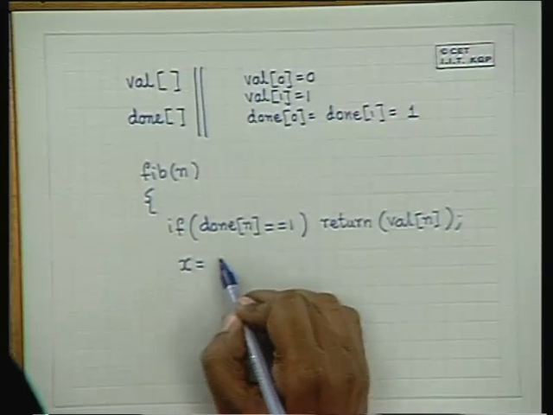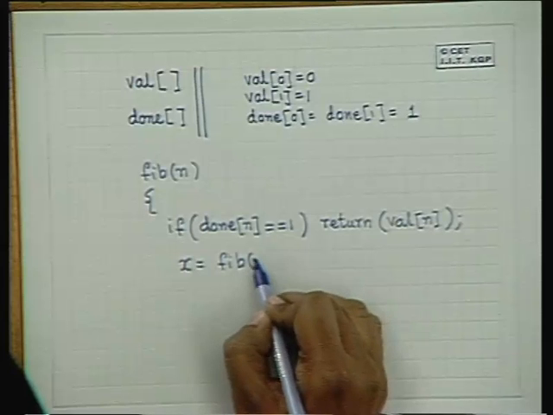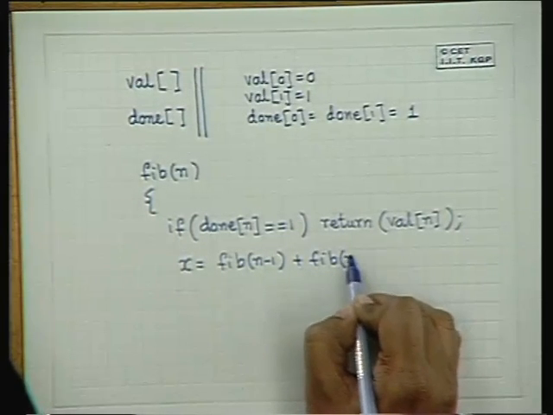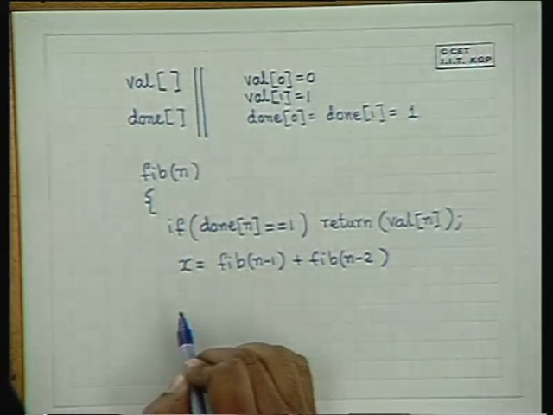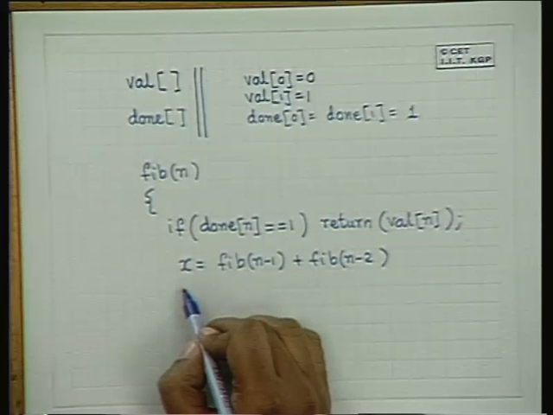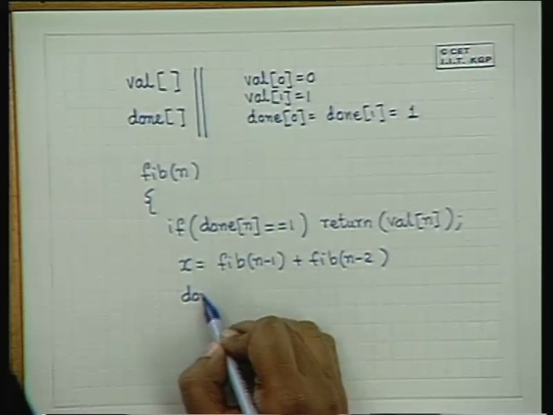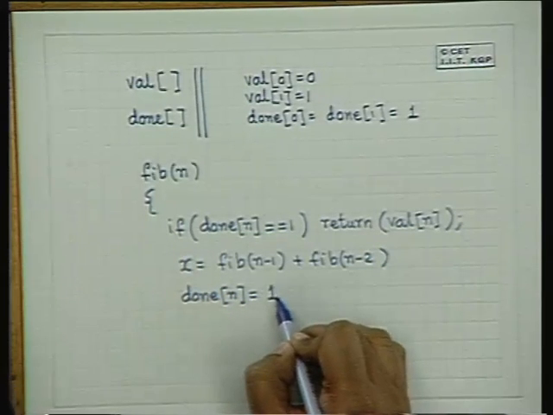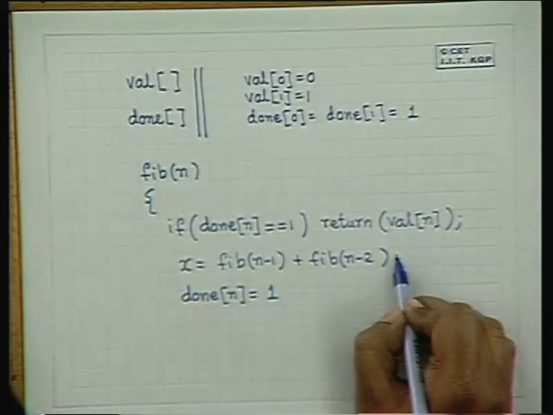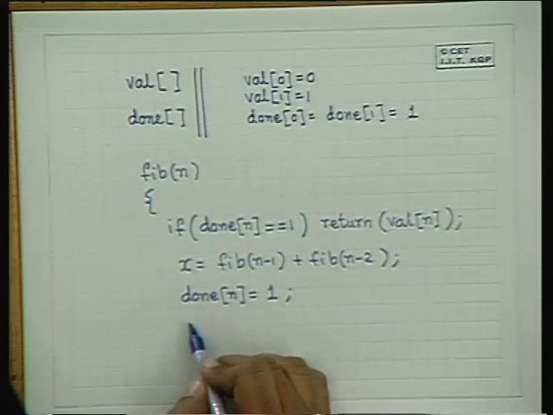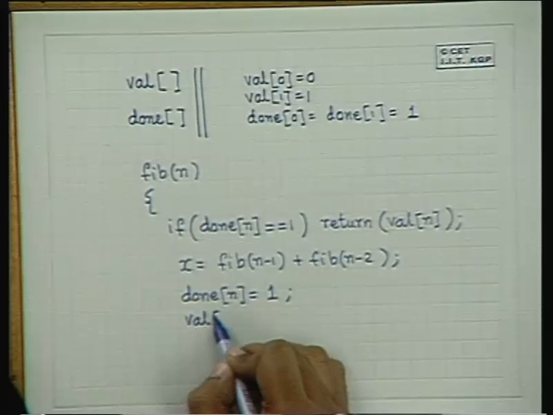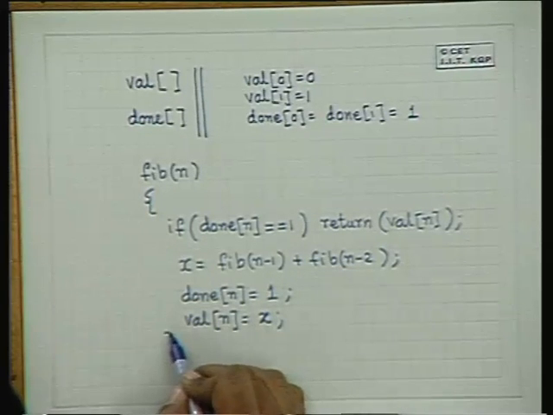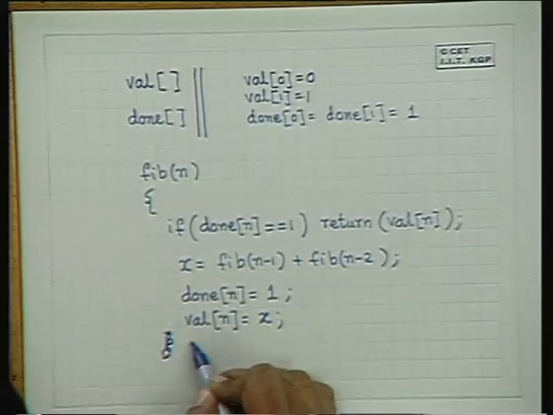X is equal to, recursively call it, fib n minus 1 plus fib n minus 2. Now what else would you do? Yes, done n must now be made 1, and val n must be made x, and return.